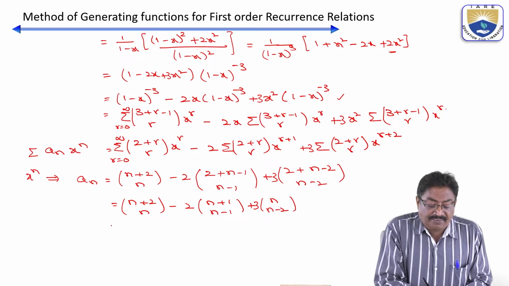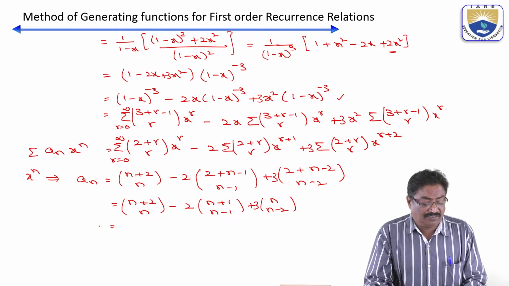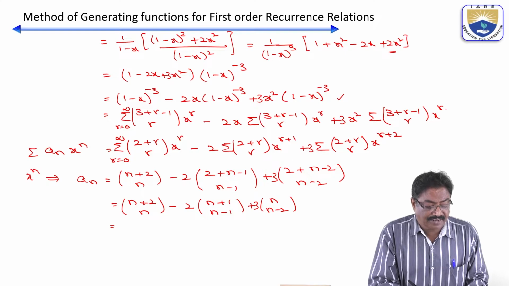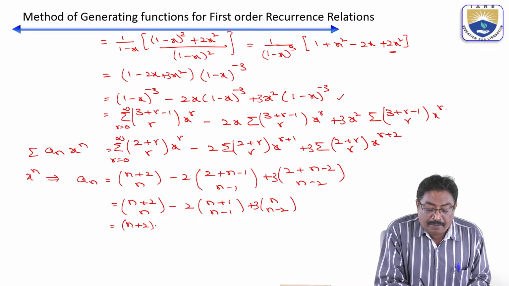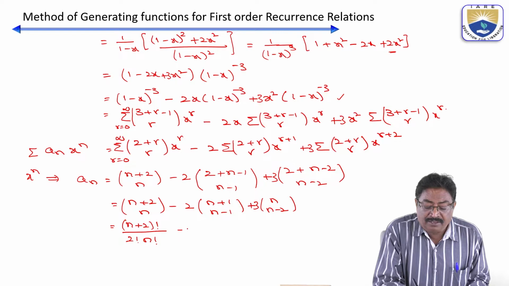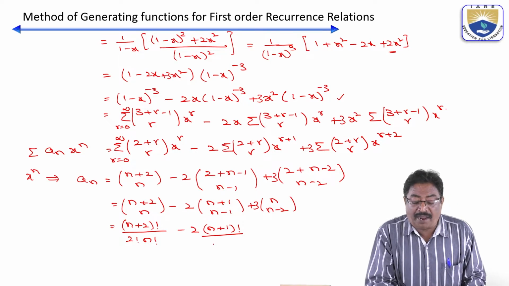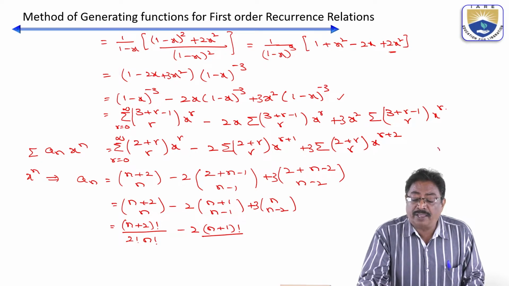Then we are going to consider what is n plus 2 C n. It is nothing but n plus 2 factorial by n plus 2 minus n factorial, so it is 2 factorial into n factorial, minus 2 into n plus 1 factorial by n plus 1 minus n minus 1, so n plus 1 minus n minus 1.